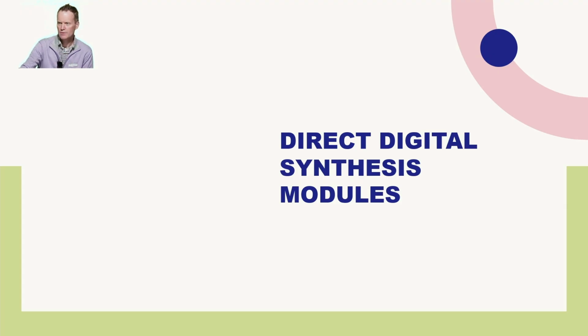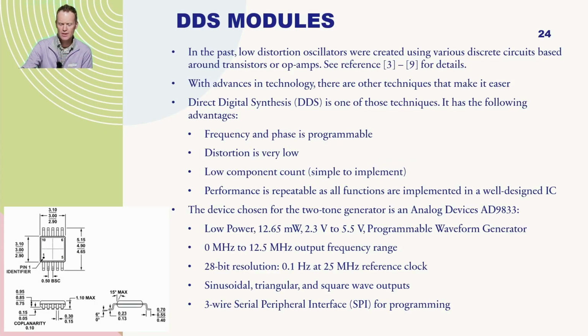Okay, so we'll start with the heart of this whole thing, the direct digital synthesis chips or modules, and I'll go into a little bit of detail about those. In the past, these types of low distortion oscillators that you would use for two-tone testing were made using various discrete circuits, generally based around transistors or op-amps. There are some references at the back if you'd like to have a look, mostly from AR, Amateur Radio magazine.